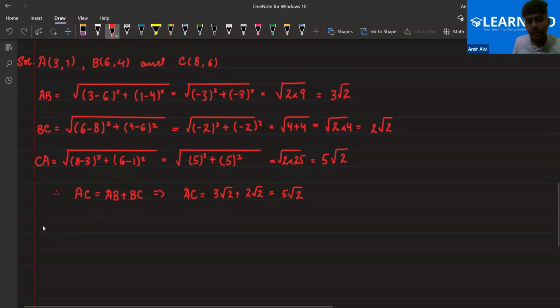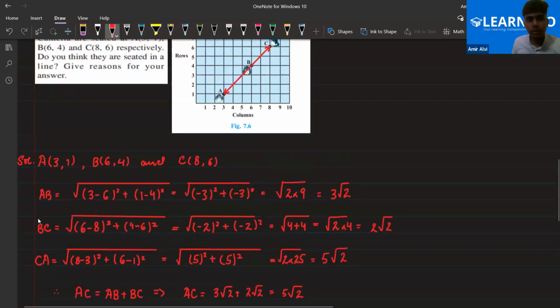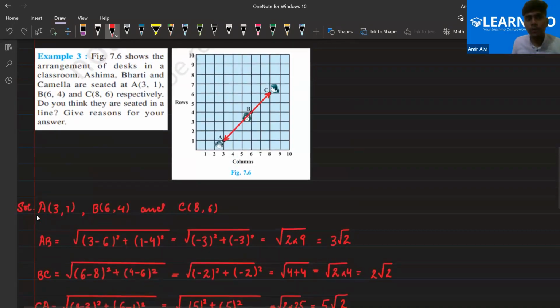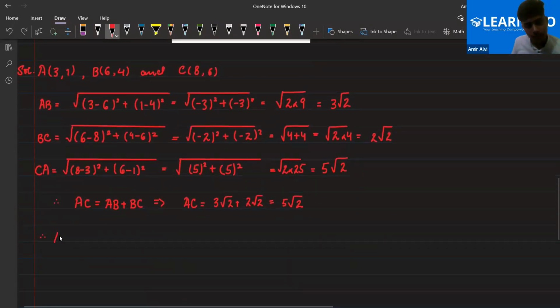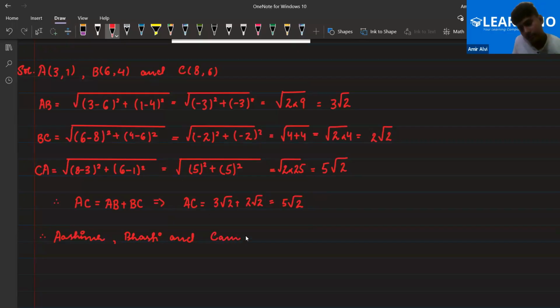It means that all three girls, Ashima, Bhati and Camilla, are seated in a line.